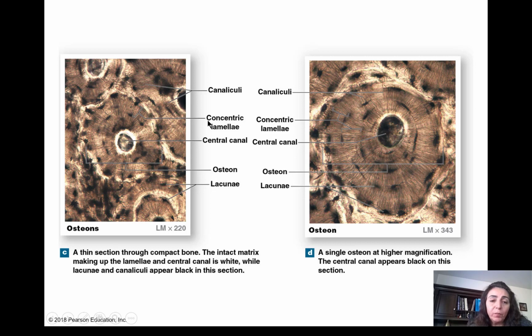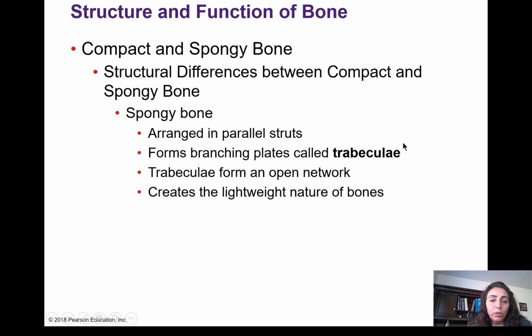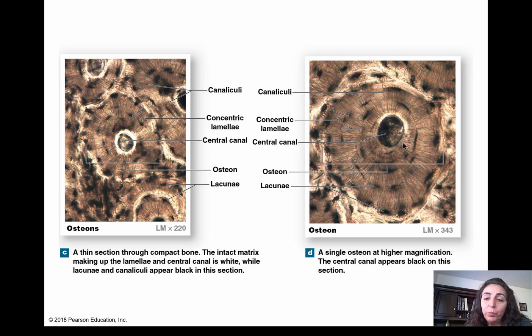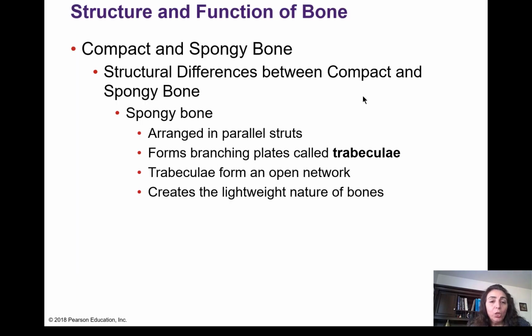Pay attention to the concentric lamellae inside of an osteon. This is one osteon, this is another osteon. Between them you have interstitial lamellae, and around the whole bone you have the circumferential lamellae.